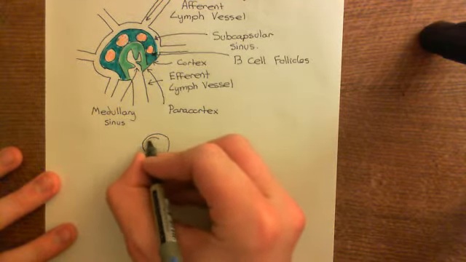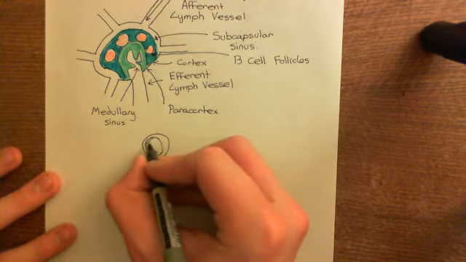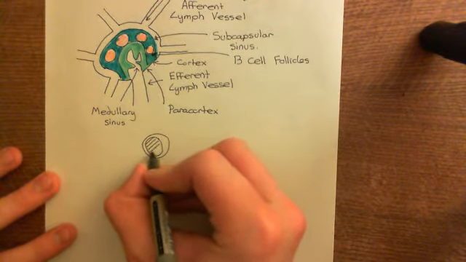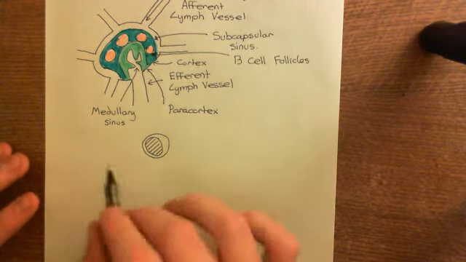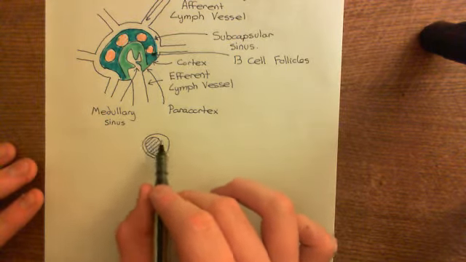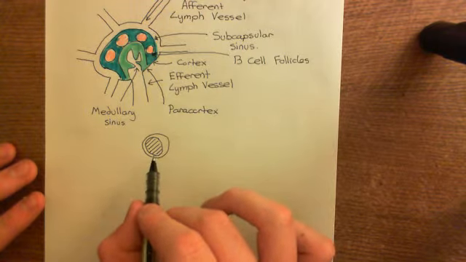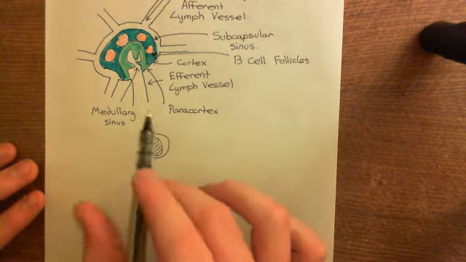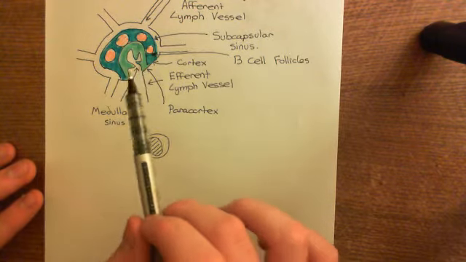So let me draw these T cells here. Lymphocytes are very easy to distinguish because they have absolutely massive nuclei compared to their cytoplasm. They have very, very little cytoplasm, and the reason is that this T cell sits and does nothing all day. It sits in the cortex and the paracortex of lymph nodes.